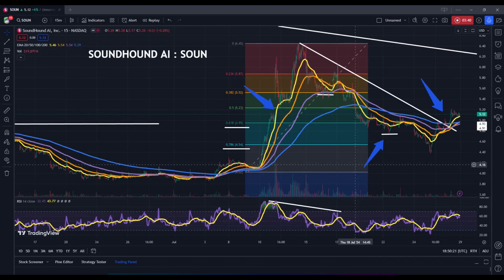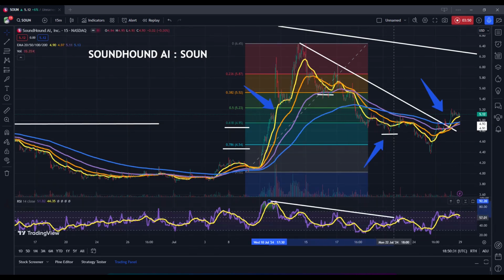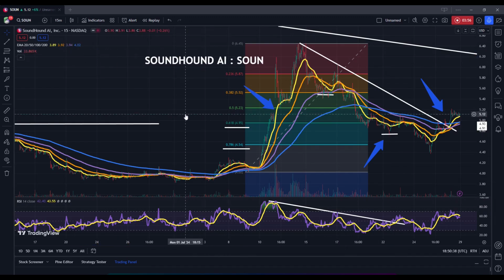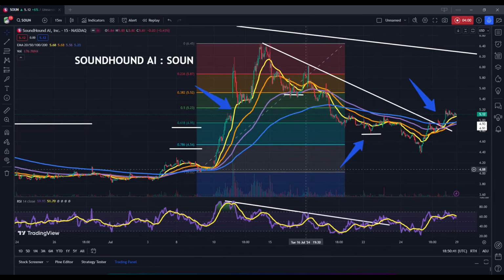Normally, that would mean the next target would be a full 100% retracement of the move. But we're seeing a bit of breakout activity, or at least evidence of a breakout, on these shorter term timeframes that suggests this might not be ready to happen just yet.